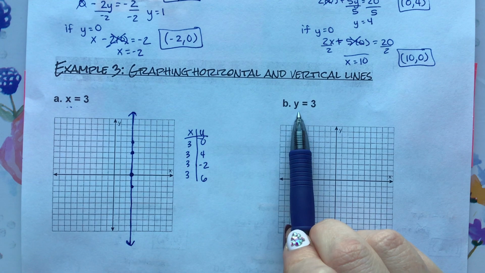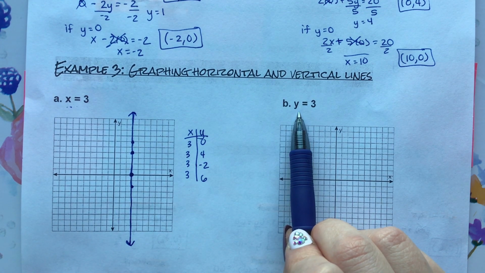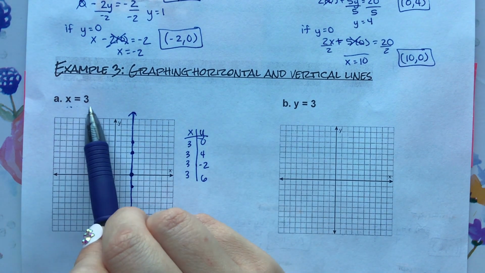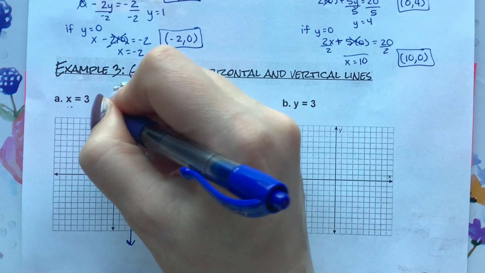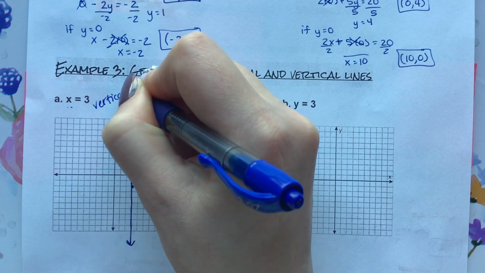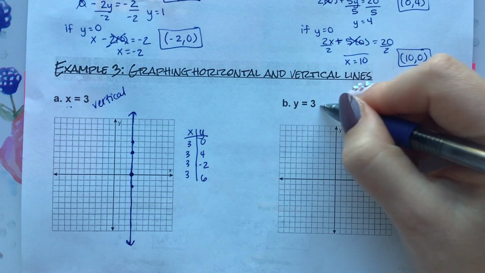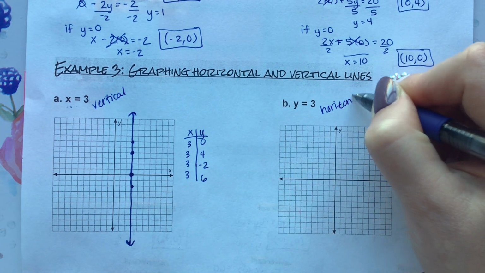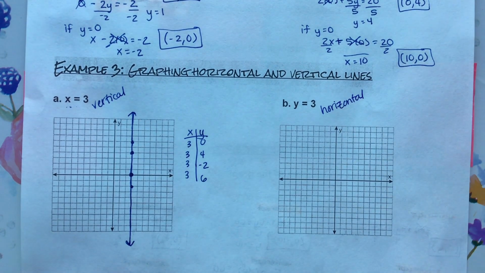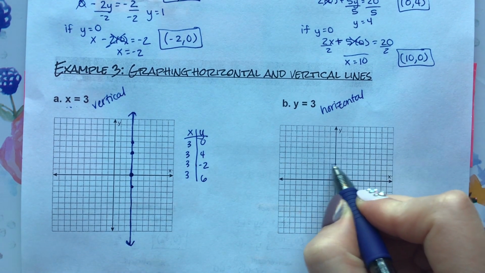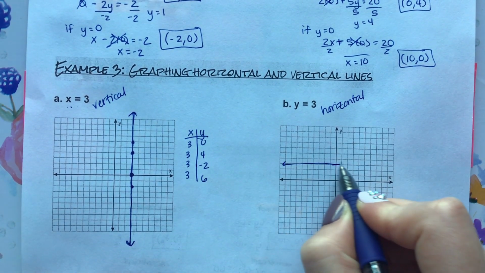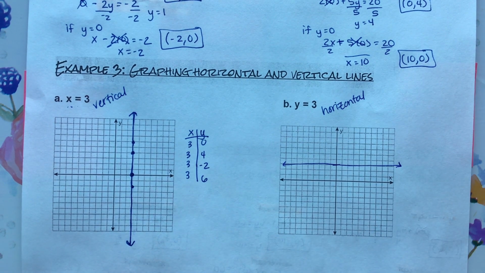Okay, now I have y equals a number. Well, if x equals a number is vertical, then y equals a number is going to be horizontal. So I can just go to y equals 3 right here and put a line through it.